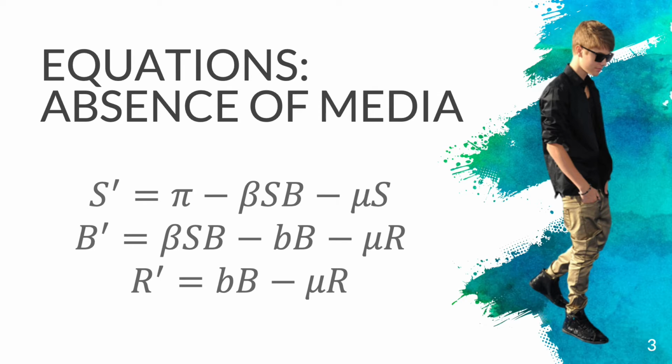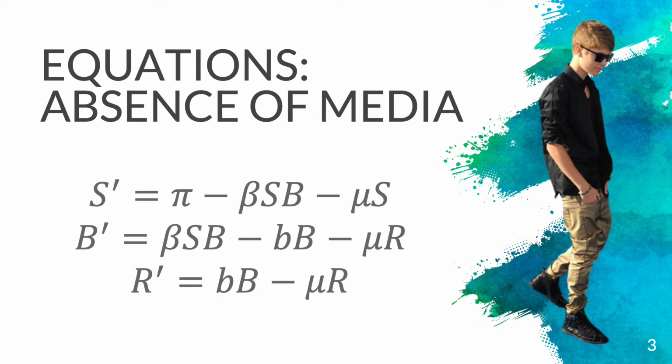So the first equation discusses the rate at which people become susceptible. The pi indicates the recruitment rate, which is 10 people per month, and it is subtracted by the transmission rate, which is 8.3 times 10 to the negative 4 times the susceptible people, which is a population value of 1,500, which is the initial population, multiplied by the Bieber-infected people, which is 3 people as an initial value.